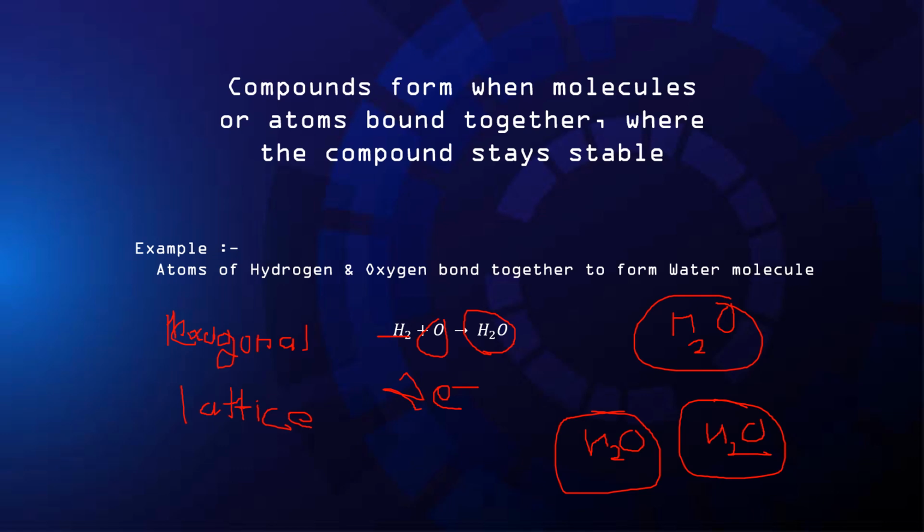Previously, we saw sodium chloride molecules bonded in a cubic lattice, so they formed a cubic structure. But water molecules form a hexagonal lattice.